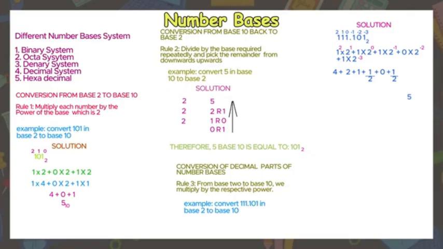Plus 0 multiplied by any number will remain 0. Plus 1 multiplied by 1 over 2 raised to power 3. That means the whole part will give us 4 plus 2, 6 plus 1, 7.